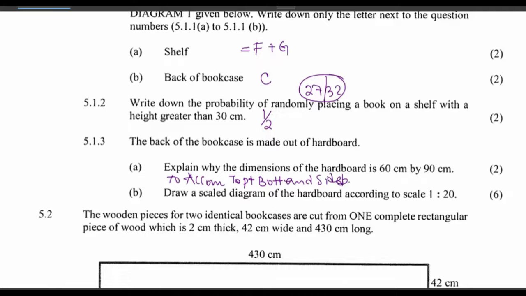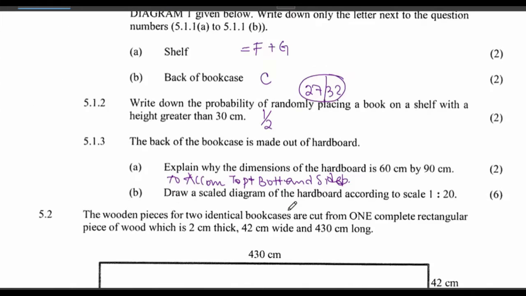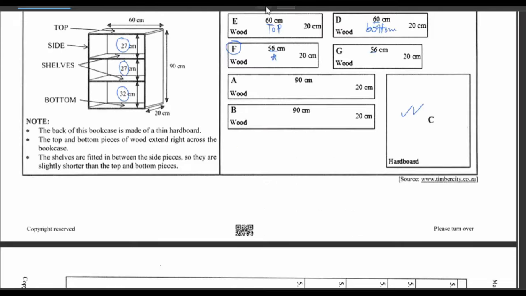Draw a scale diagram of the hard body. Here what you had to do is to change those measurements using this scale here, right? So the scale that we have, they said draw a scale diagram of the hard body according to the scale. So the hard body, when you see it, says 90 by 60. So what we're going to do, change the 60 because it's 1:20.